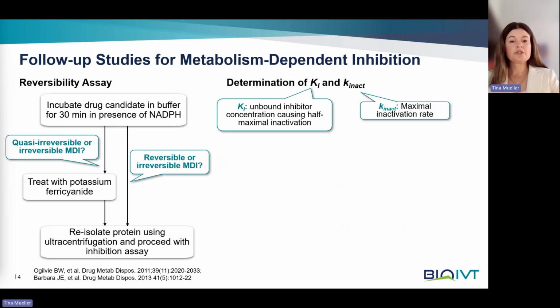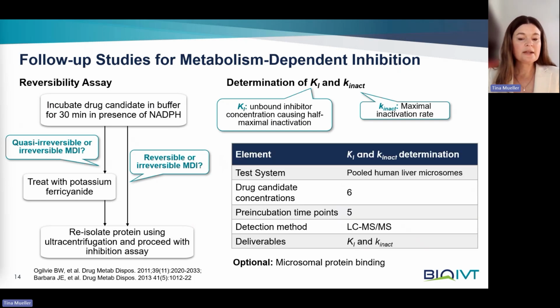Now, if further evaluation of metabolism-dependent inhibition is needed, Ki, the unbound inhibitor concentration causing half maximal inactivation, and K-inact, the maximal inactivation rate, need to be determined. This study is conducted again in pooled human liver microsomes using 6 concentrations of the drug candidate with a slightly different setup than the standard design.